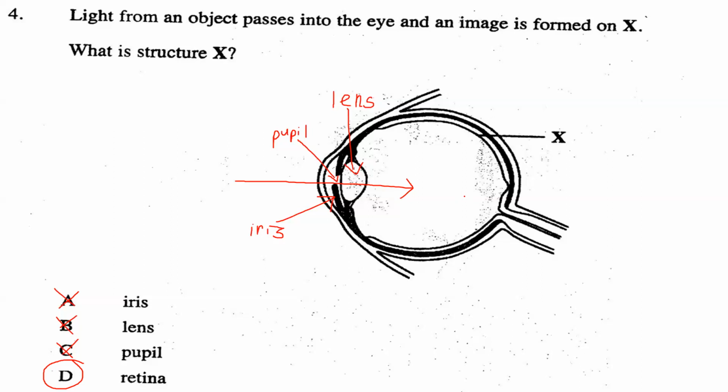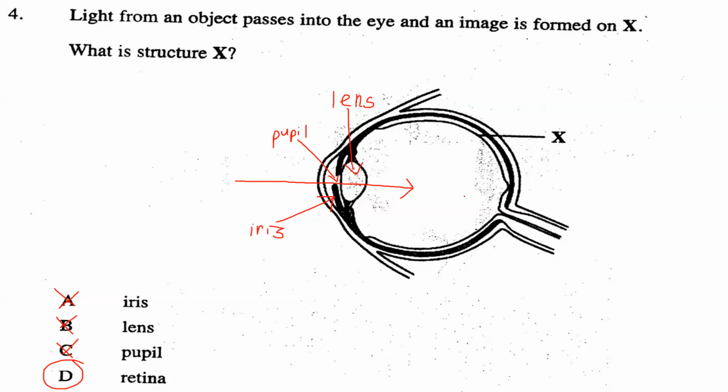Let me ask Julicia Wilson. Light from an object passes into the eye and an image is formed on X. What is structure X, Julicia? Okay, can't hear Julicia. Maybe let's try Tyrone.